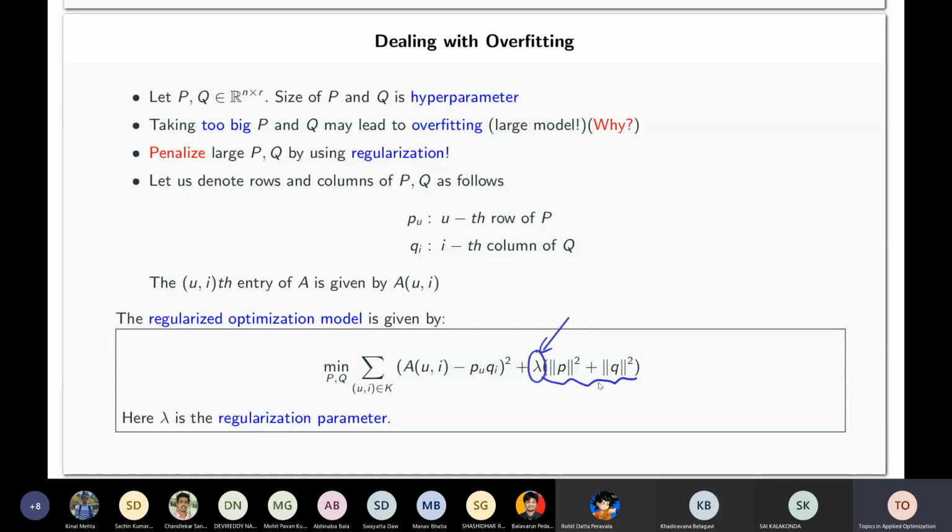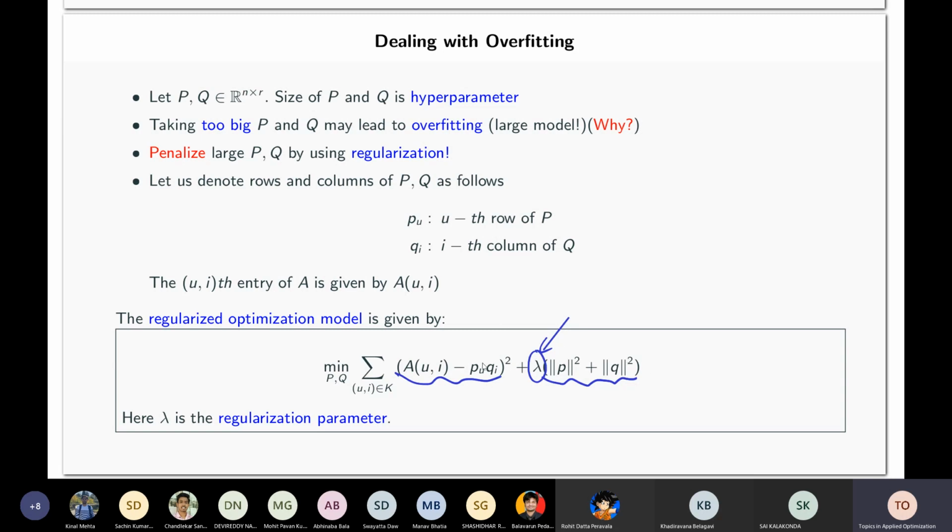So what is this suggesting now? This was your original error that we started with. But then we found that it may be possible that our model is too big, so it's like overfitting. If that is overfitting, then we have added this term.